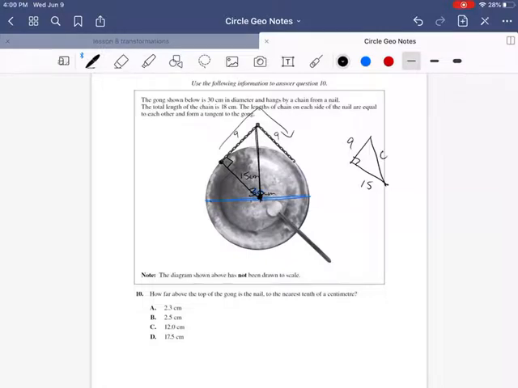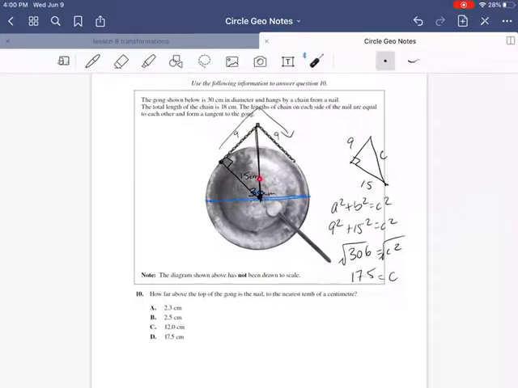And that's c. So we're going to do a squared plus b squared equals c squared. So 9 squared plus 15 squared equals c squared. 9 squared plus 15 squared is 306. And if you take the square root, you're going to get 17.5.